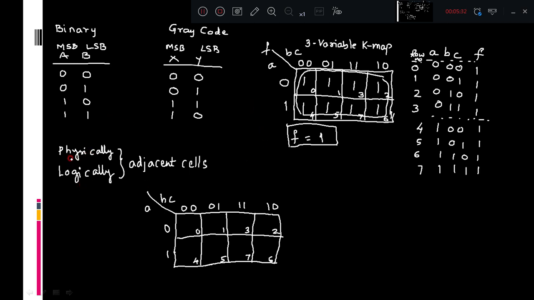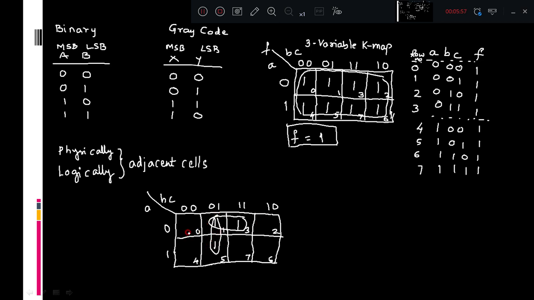In grouping, if you observe physically and logically adjacent cells, physically adjacent means it may be horizontal or vertical. So these are adjacent horizontally, these are adjacent vertically. So anywhere physical adjacency can be seen directly.